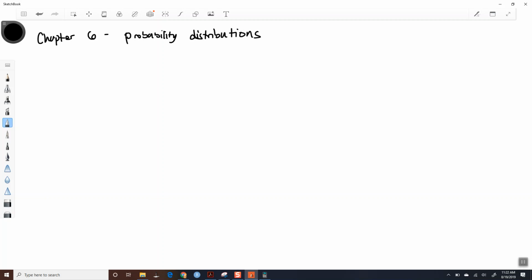Okay, so Chapter 5 is all about kind of probability rules, and we use these to figure out the probability of getting a particular event. And in Chapter 6, we expand on this, and now we're looking at the probability of getting certain outcomes, okay, certain numeric outcomes.